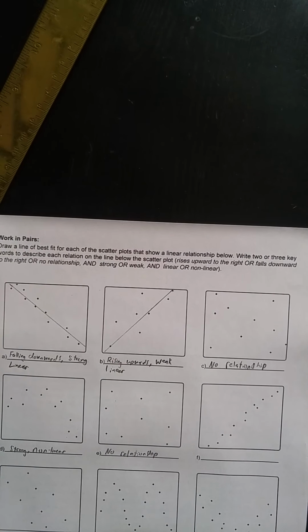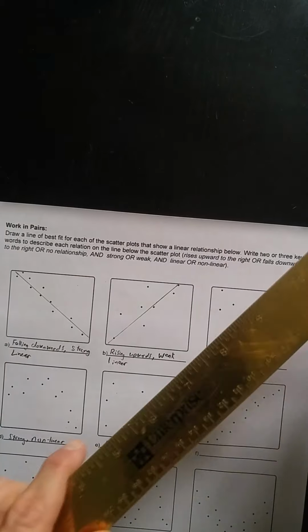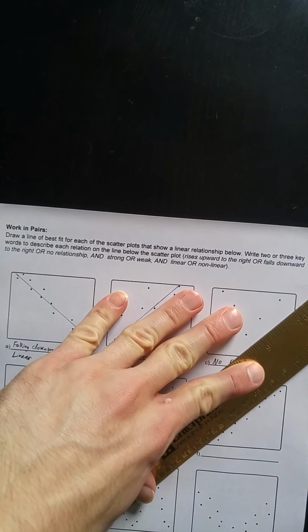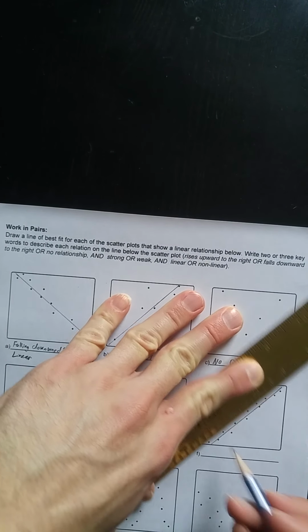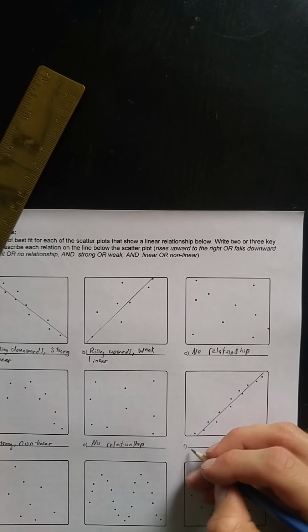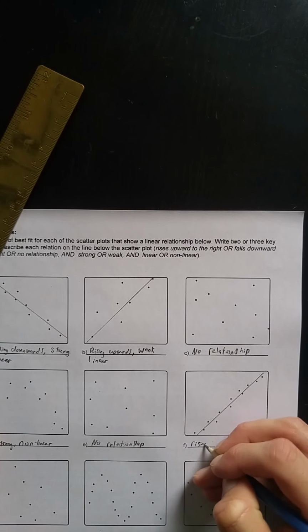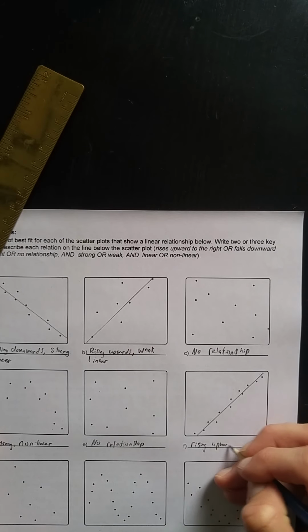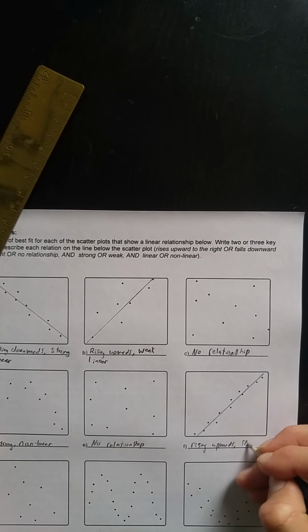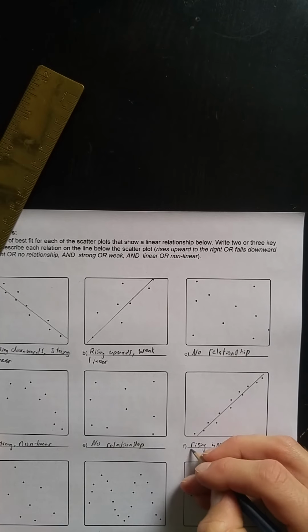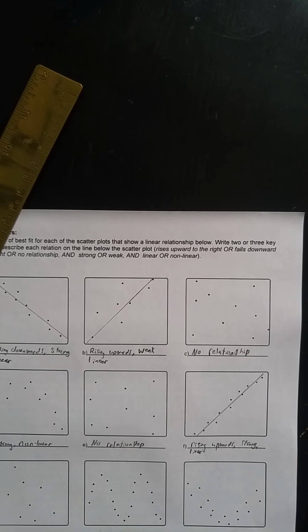Our next one, okay, this is a linear relationship, so we can draw our line of best fit. Okay, so it's going to be rising upwards. Strong linear relationship. Okay.